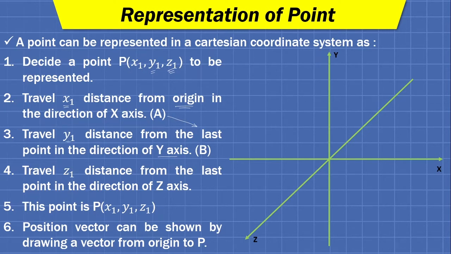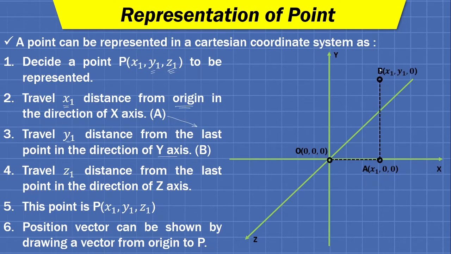Then what is our next step? First we will locate the origin, then we will travel x1 distance in the direction of x. This point, that is A, has the coordinate x1, 0, 0. Then we will travel from A a distance y1 in the direction of y.